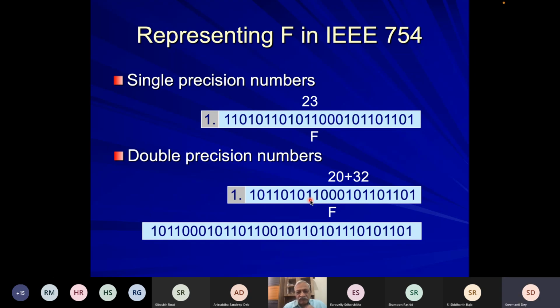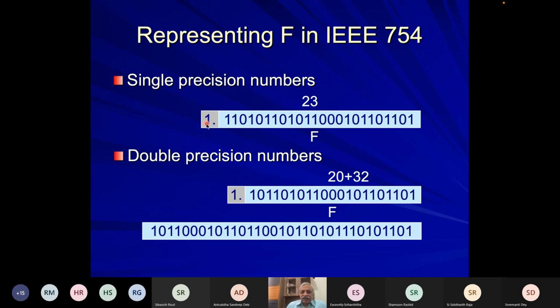If you have 1 point all ones, that's the highest fraction you can have. Since this leftmost bit is always 1, we don't explicitly represent it, thereby saving a bit.